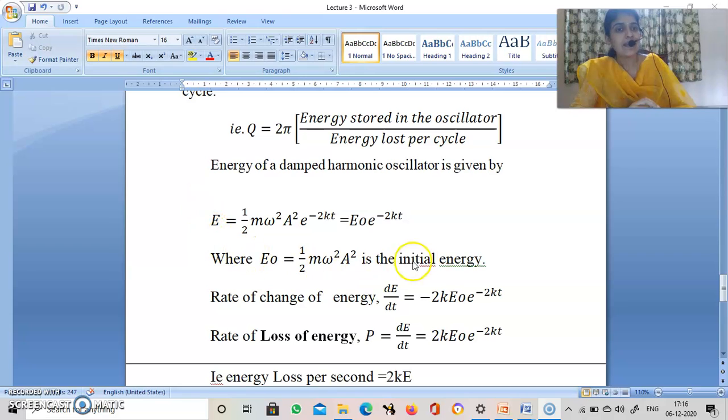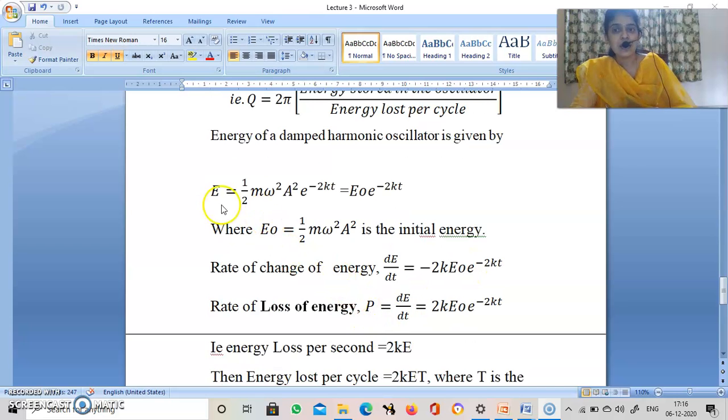Here we have the mechanical energy of the harmonic oscillator as E is equal to E0 e raised to minus 2kt. We know how we get this from the derivation of relaxation time, which we discussed. Here E0 is equal to half m omega square a square, the initial energy, and E is equal to E0 e raised to minus 2kt is the mechanical energy of the oscillator.